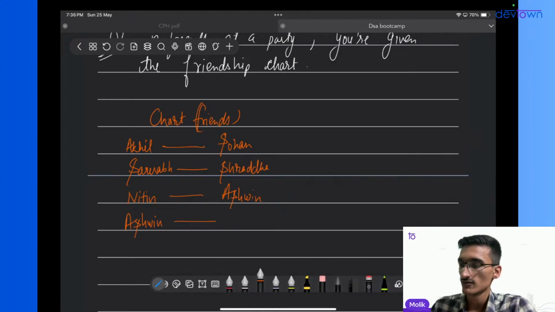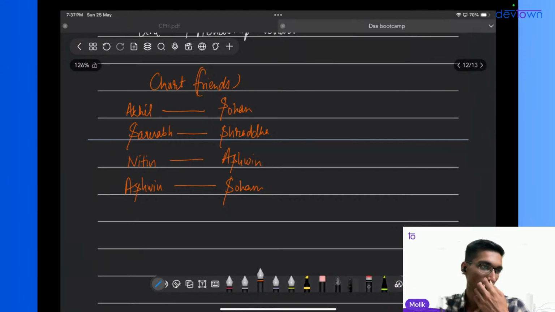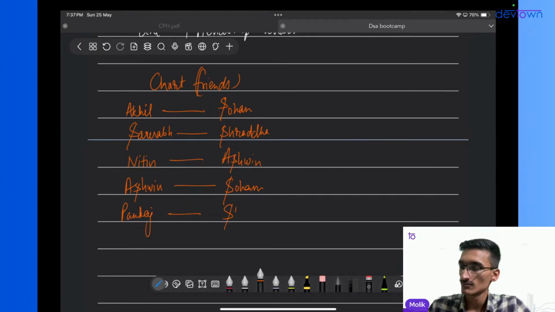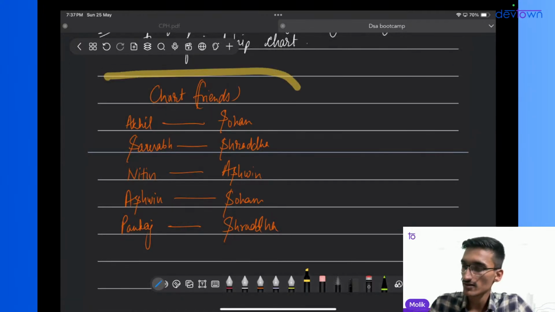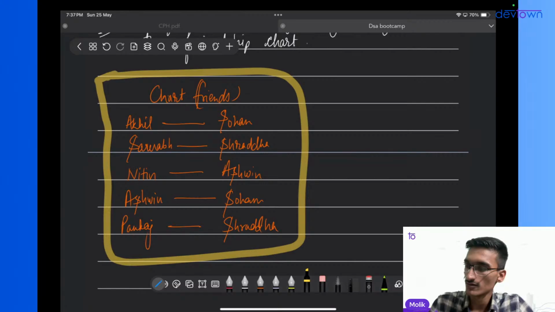Ashwin is friends with Soham. This is the friendship chart you all are given.